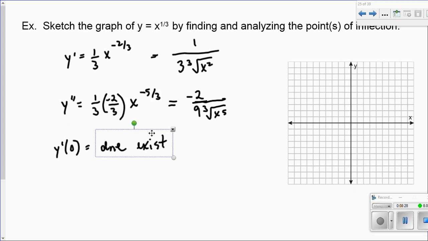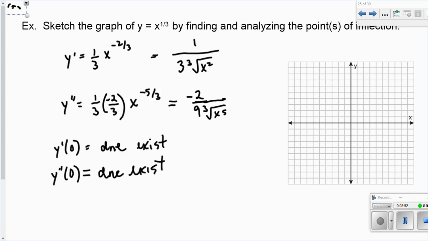So the slope of the tangent line at that original point in my function at x equals 0, I can't take. It doesn't exist. And similarly, what about the second derivative at 0? It's also a 0 in the denominator, so it also does not exist.